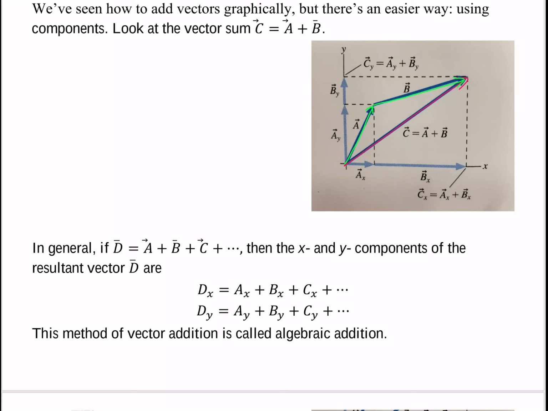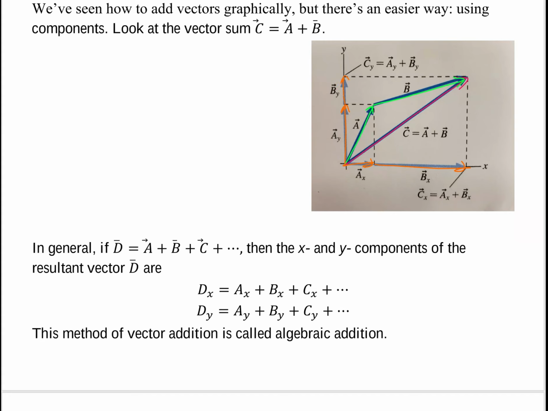Now, if I want to do this a little bit better, I can break vector A into components, A sub x and A sub y. Now I can take vector B and break that into components as well, B sub x and B sub y.